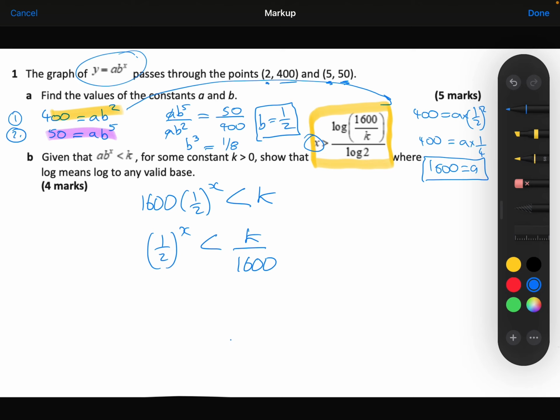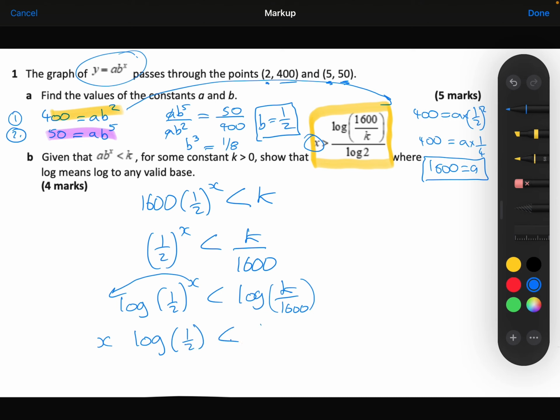The next step I'm going to do is take logs of both sides. So I'll do log of 1/2 to the x is greater than log of k divided by 1600. I can now bring the x down to be a coefficient. Like so.